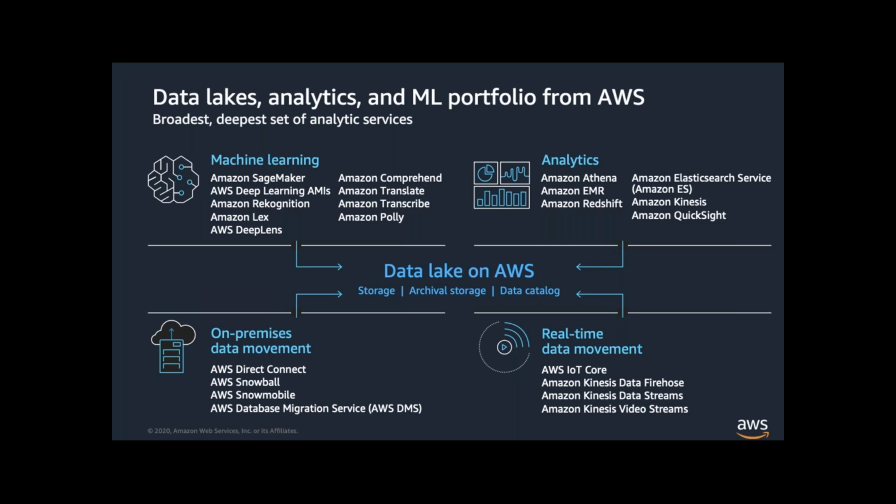But again, as we grow as organizations, as we think about how to enable only the right individuals to access this sensitive data, the concept of data lakes and data management and governance really comes into play. One foundational service that leads into that is AWS Glue.